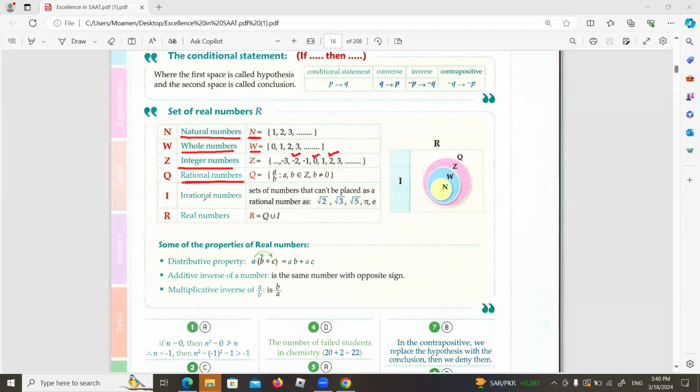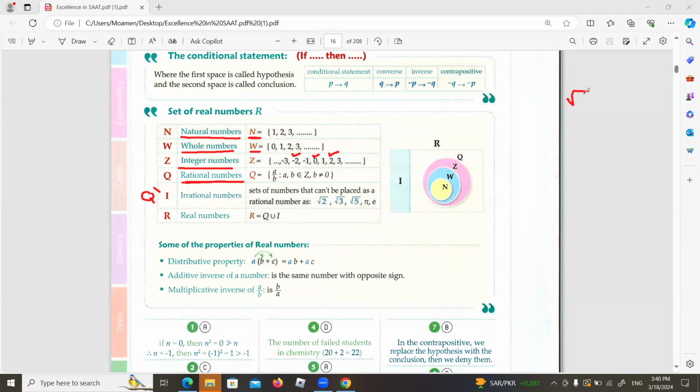And we have the irrational numbers. The irrational numbers are denoted by I or by Q dash. So you may find it as Q dash. It means irrational numbers, not rational. The not rational numbers, or the irrational numbers, are the square root of a non-perfect square number.